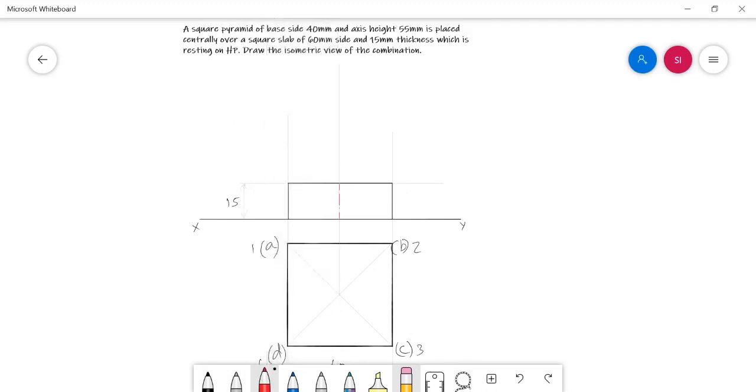Now the orthographic view of the bottom solid is over, and then the top solid is also a square based solid, a square pyramid of base side 40 mm, and the base view of the top solid is also available in the top view. So in the top view area, I am going to draw the square base of the top solid, which is 40 mm side. Here I am drawing without dimensions, but in your work you have to draw perfect dimensions.